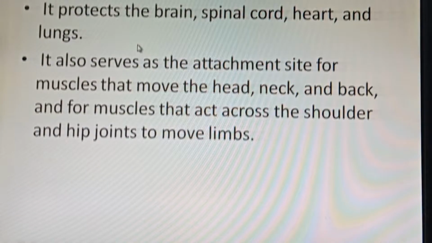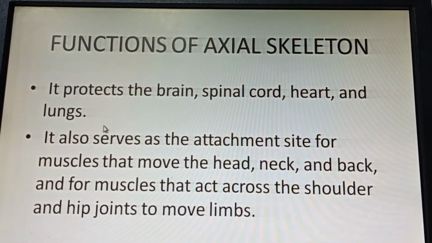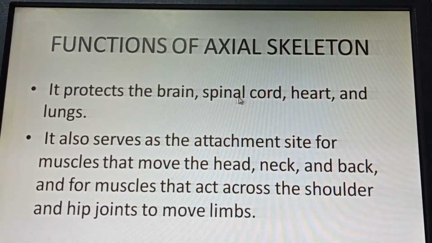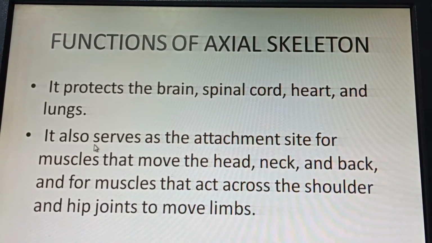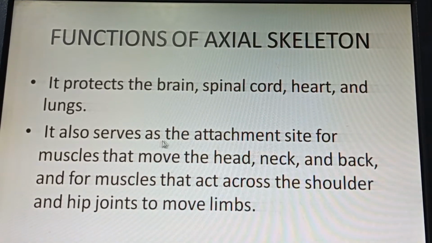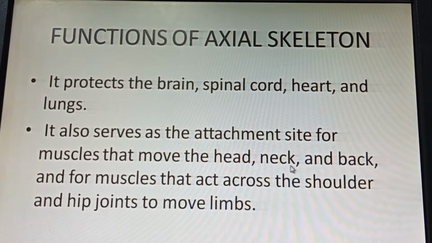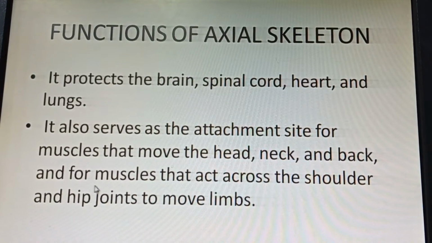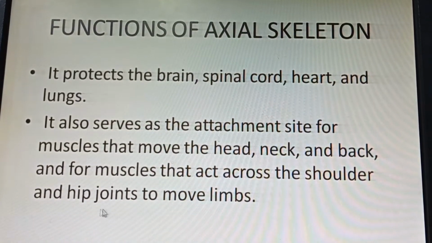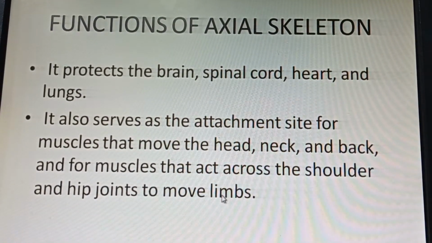Function of axial skeleton: it protects the brain, spinal cord, heart and lungs. It also serves as the attachment site for the muscles that help in the movement of head, neck and back, and for muscles that act across the shoulder and hips to move limbs.